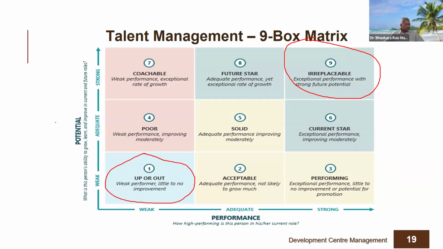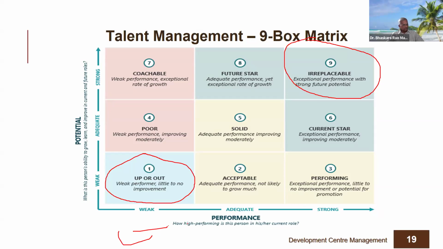Now, the remaining. If you look at position two, acceptable, the performance is adequate but potential is not great. Such people can continue, but they should not have any aspirations for themselves in terms of promotions and things like that. You can continue them in the organization, but they are not promising to be great leaders in the future. Number three is exceptional performance, little or no improvement in potential.